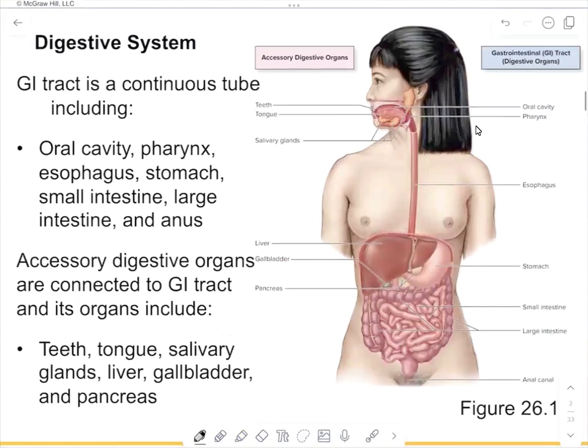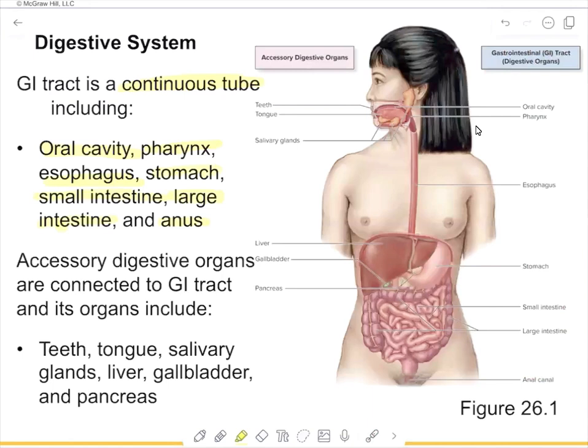So the digestive system, as I mentioned, is a long, continuous tube. You should know the parts of the tube, beginning with the oral cavity, pharynx, esophagus, stomach, small intestine, large intestine, and finally the anus. So we can see those images shown on the right side of your diagram on the slide.